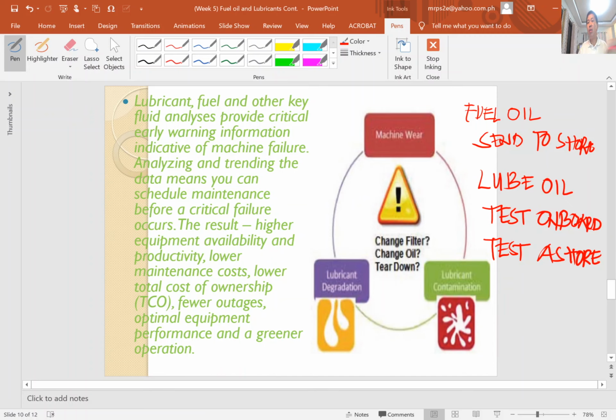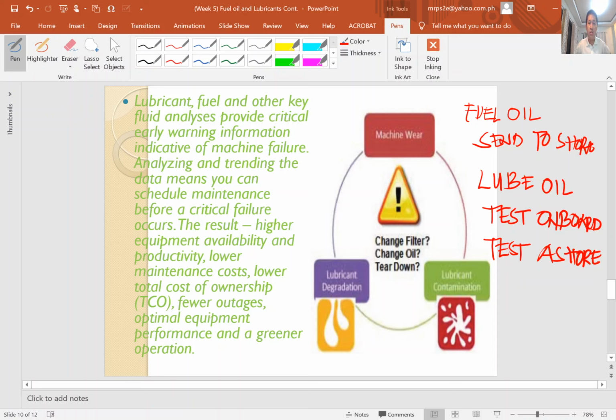By monitoring the condition of both the fuel oil and the lube oil, you will know if there is a problem with your system, machinery, or engine.